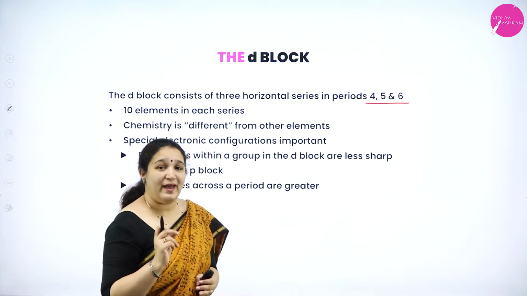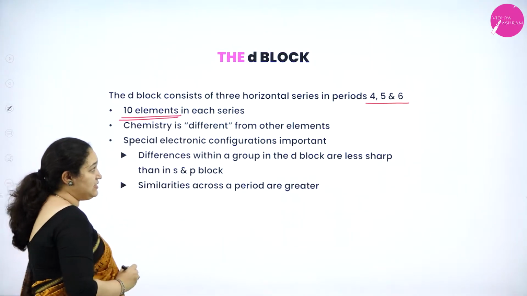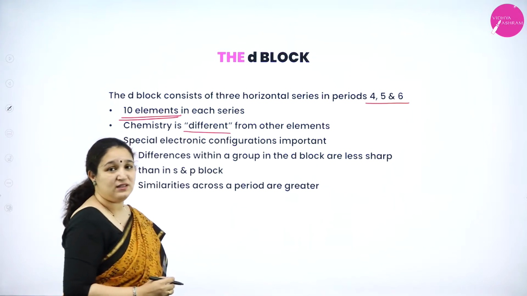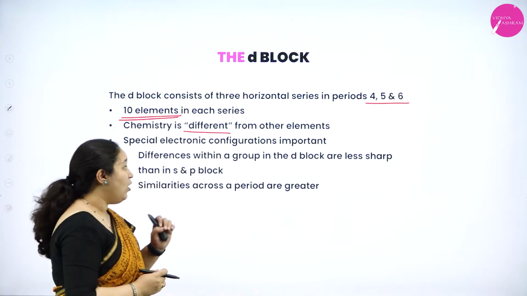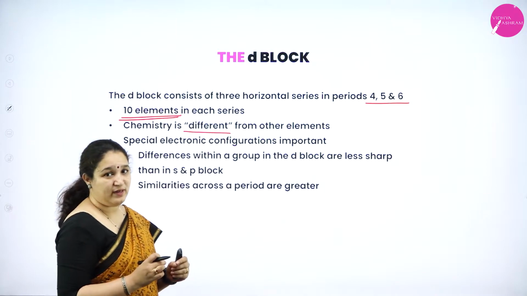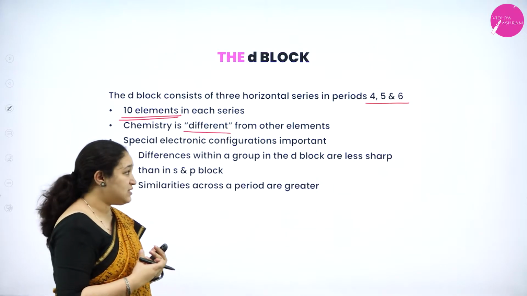So every series has 10 elements and the chemistry is different from other elements of S block and P block. Also, special electronic configuration is very important here because there you can see some exceptional cases.